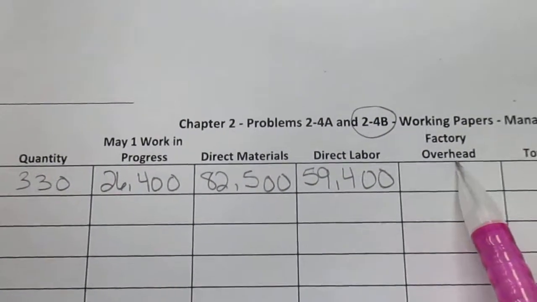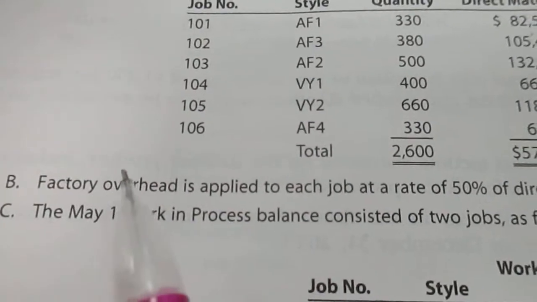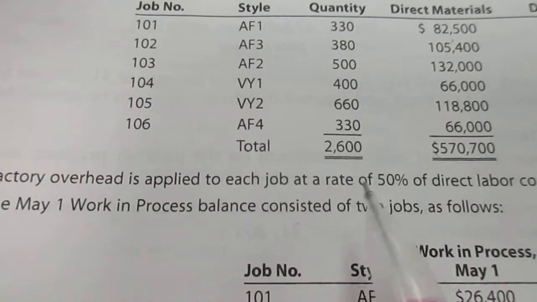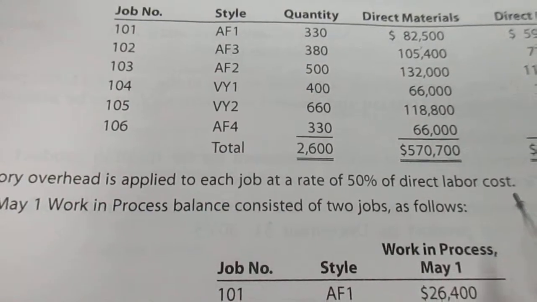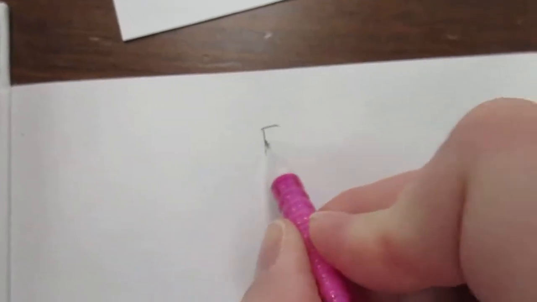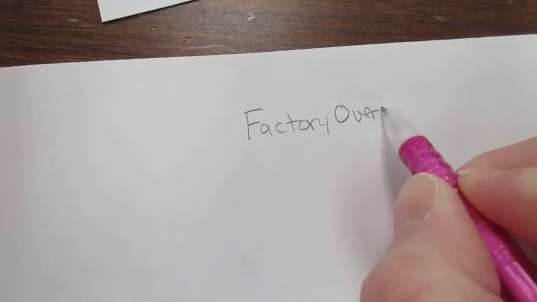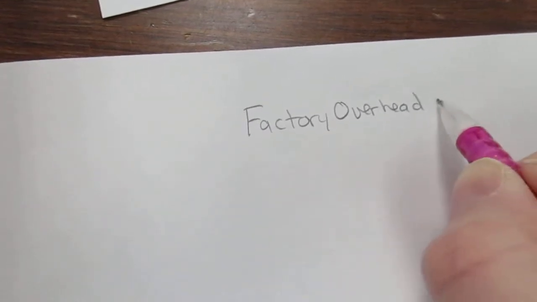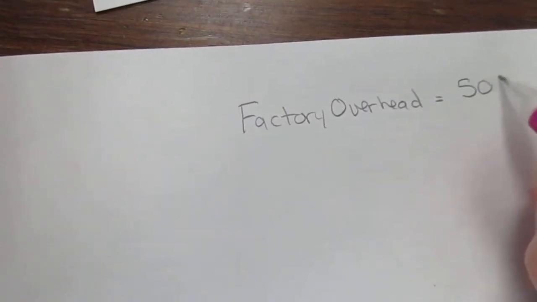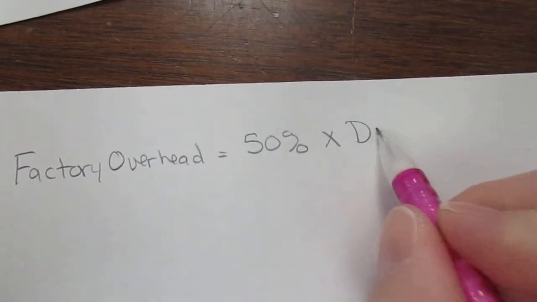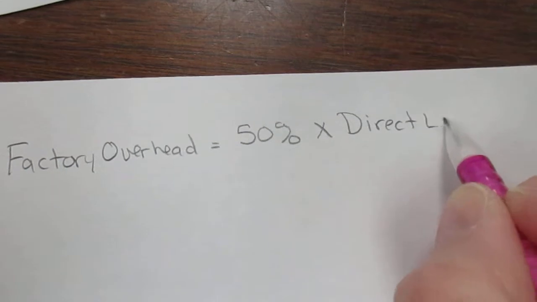Okay, factory overhead. If we look at letter B, it tells us that our factory overhead is applied to each job at the rate of 50% of direct labor costs. So the way we determine our factory overhead is we're going to take 50% times whatever our direct labor was.